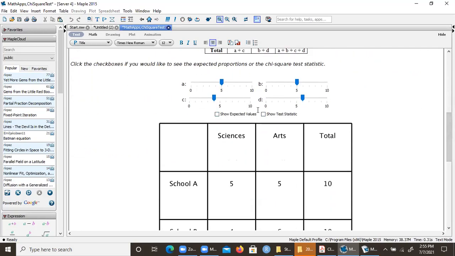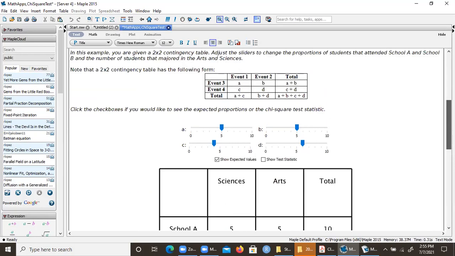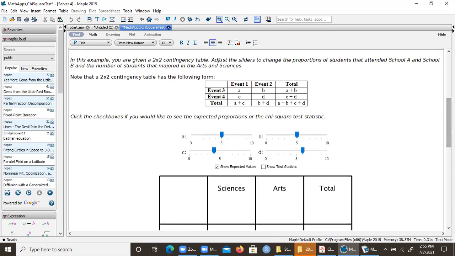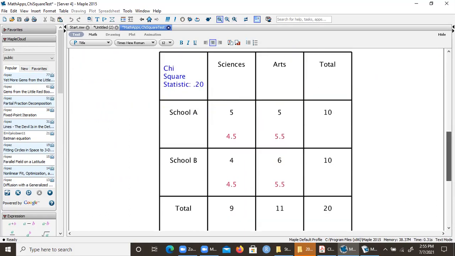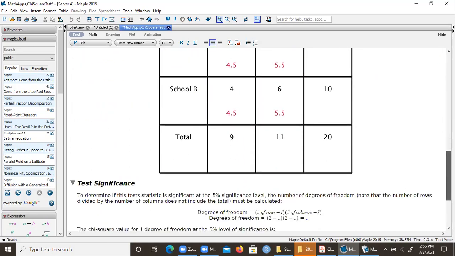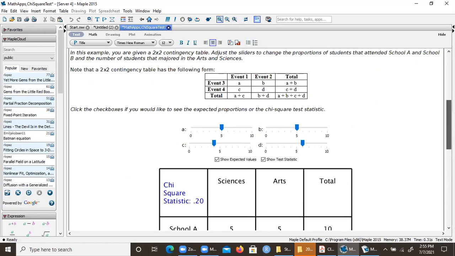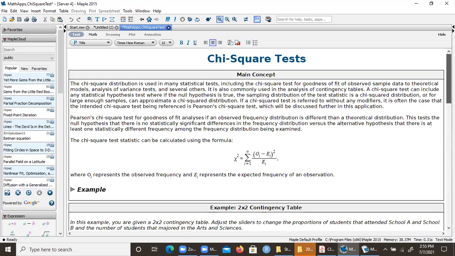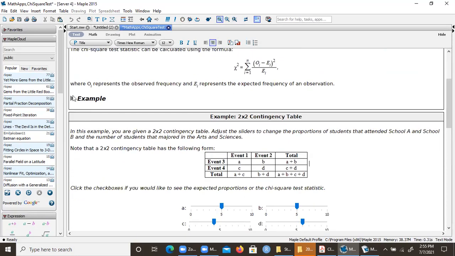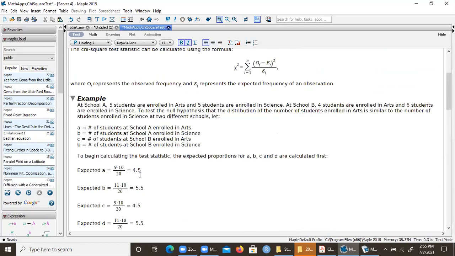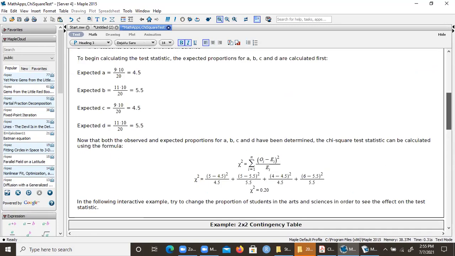Show the expected values. For a particular problem, they have used the formula of the contingency table, but they are not giving us any kind of code so that we can use it. This is the problem.